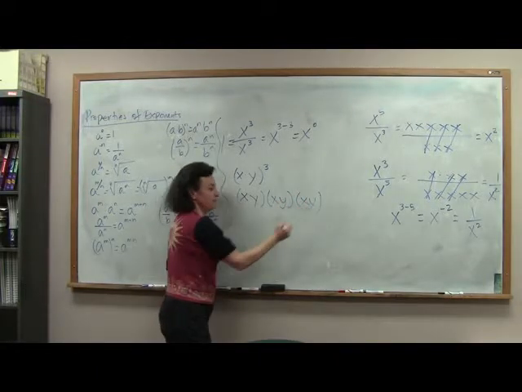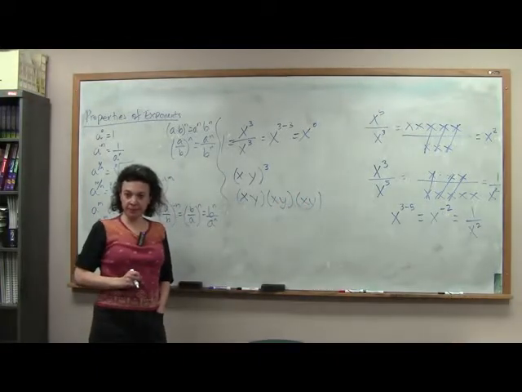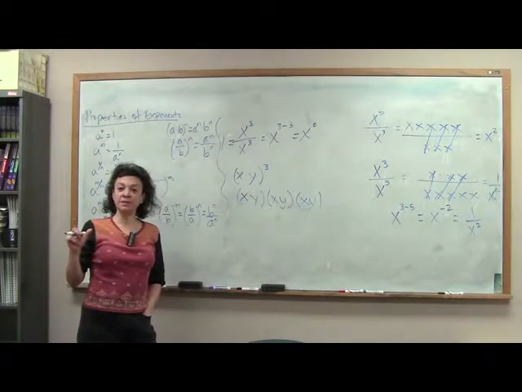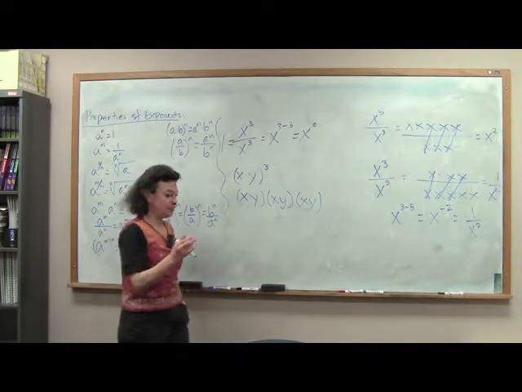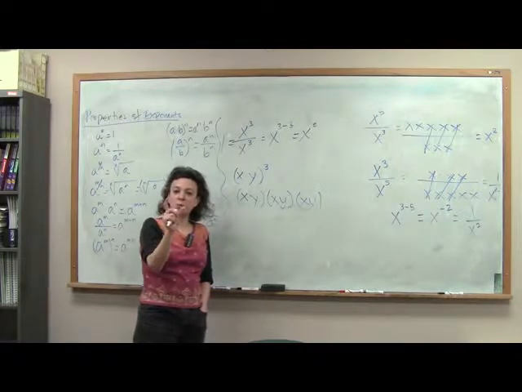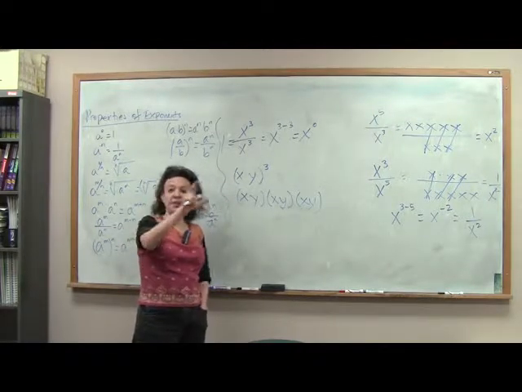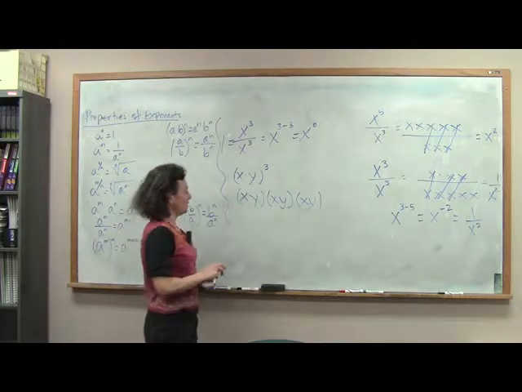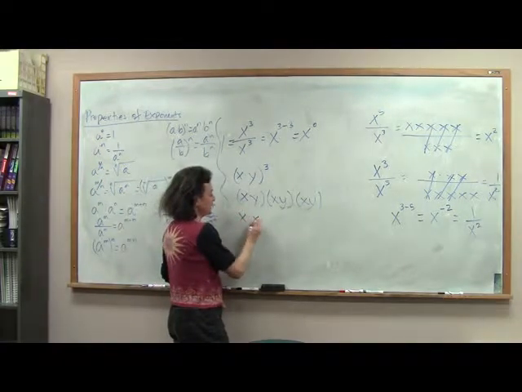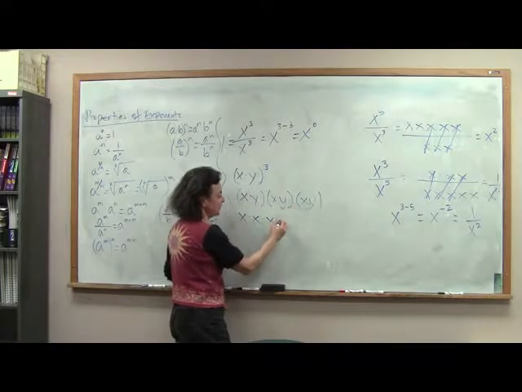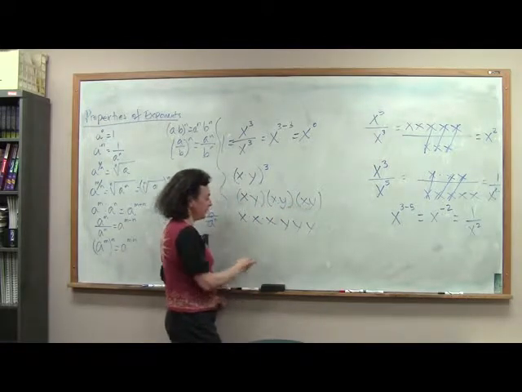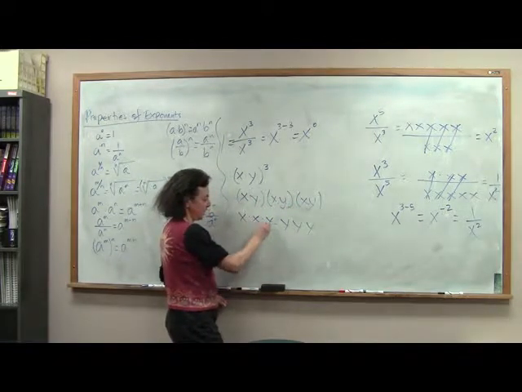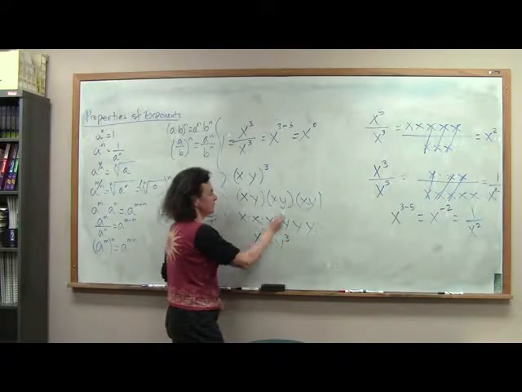That's what it means to cube something. Now what we can do is we can use our commutative property of multiplication, which says it doesn't matter which order you multiply. In other words, we can get all of our x's together and all of our y's together. So that tells me I've got 3 x's, and then I'll put my y's together. But isn't that equal to x cubed times y cubed?